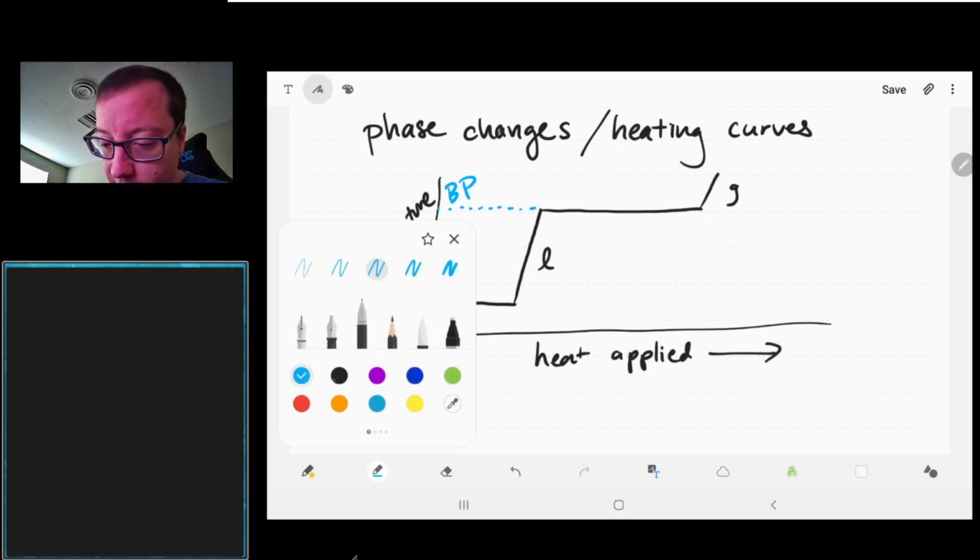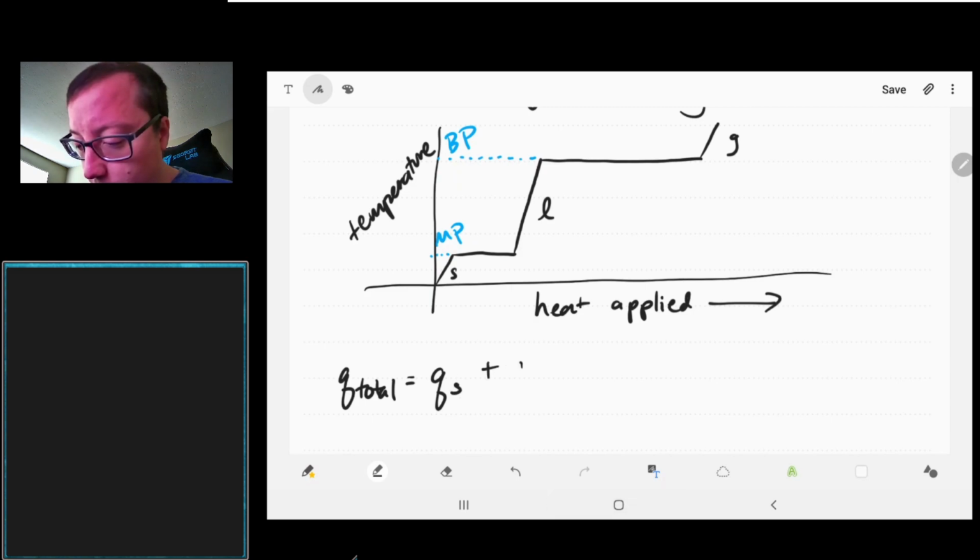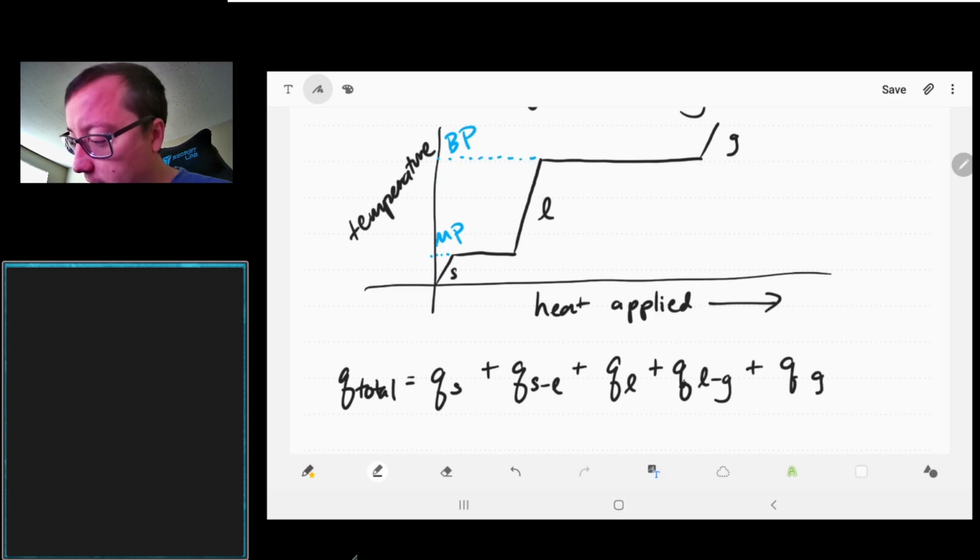And we kind of discussed that the total energy required for this entire heating curve to happen was going to be equal to the Q's for all of the processes and states that we have there. This is liquid to gas, and then we of course have Q for gas.